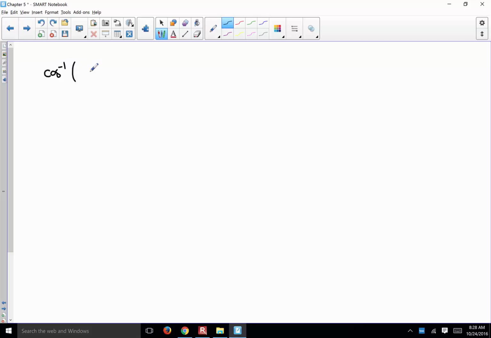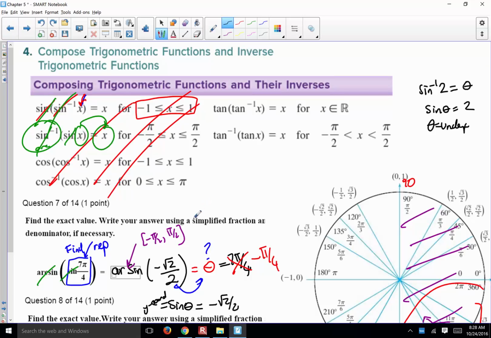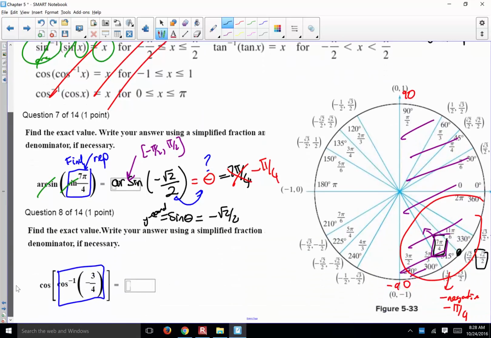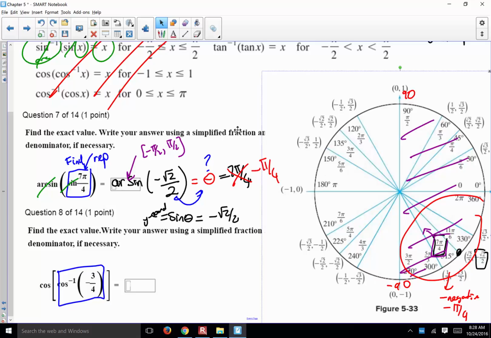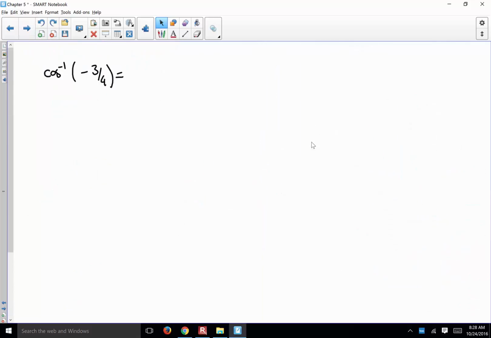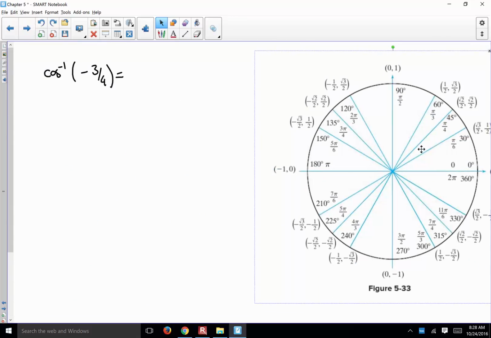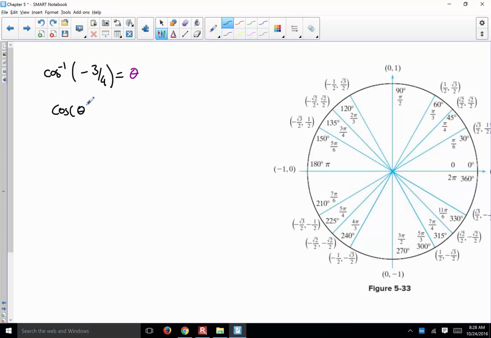Cosine inverse negative 3/4. And for this, you may need a calculator, because on the wheel, do we have a value like negative 3/4? Cosine inverse negative 3/4 means you need to compute an angle whose cosine is 3/4 or 0.75.